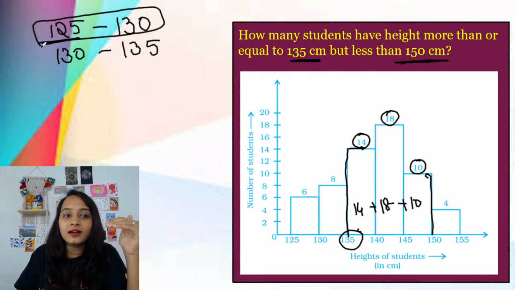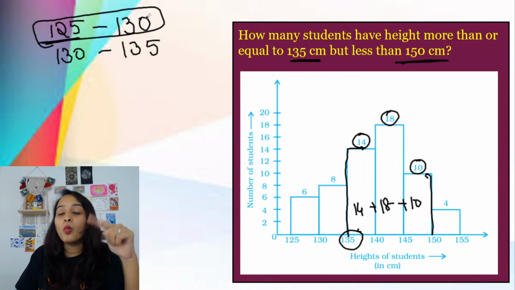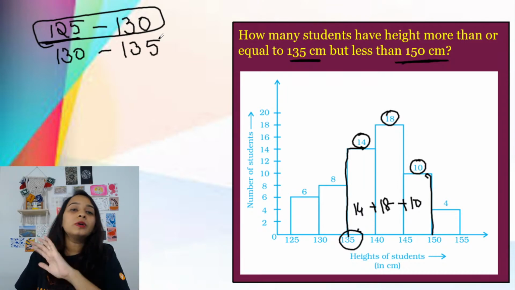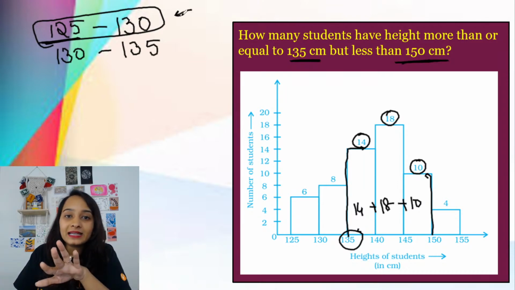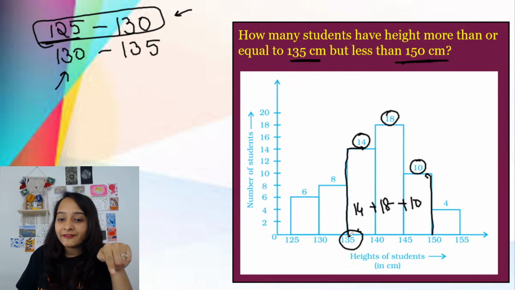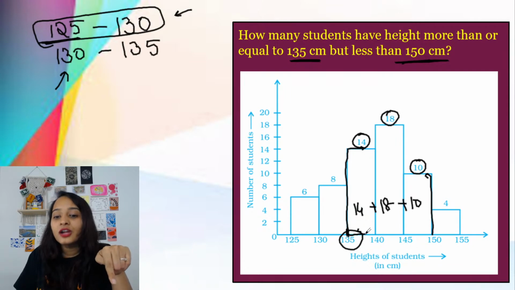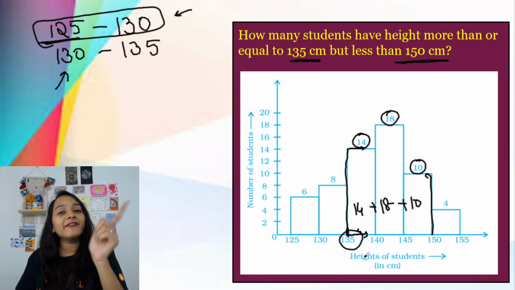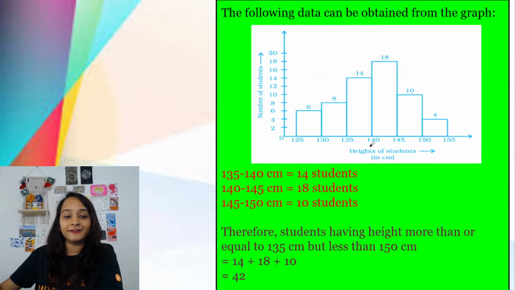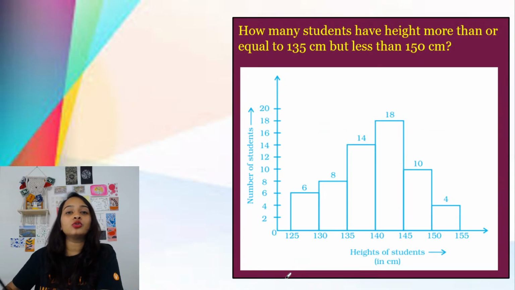In this data, 125 is the lower limit, 130 is the upper limit. So we do not count 130 in this data, we count 130 in the next one. That is why I have taken from 135 to 140, because I have included equal to 135 also. So yes, totally there were 42 students.